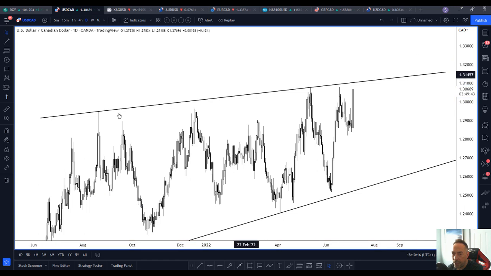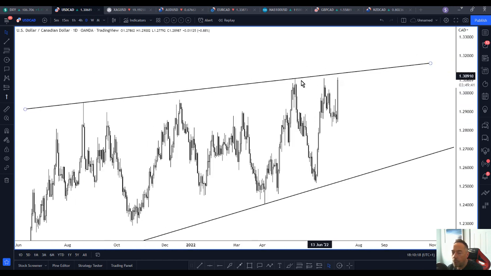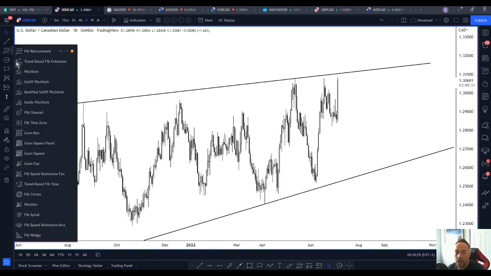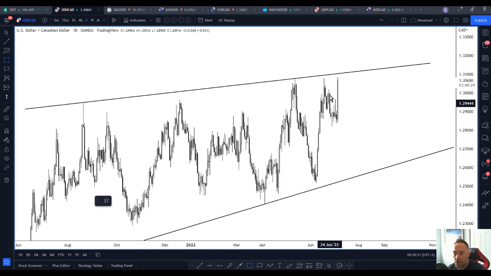Okay, so if we connect these highs here, you know, we're at the top of structure, we're at resistance. Obviously, price could break out of here. You know, there's nothing to say that that couldn't happen, but we would be looking for signs of sellers coming in. So potentially you could look for, I would suggest, a 4-hour evening star maybe.